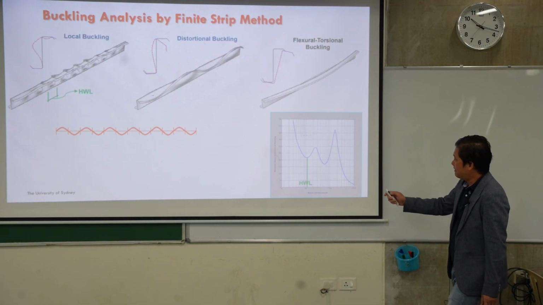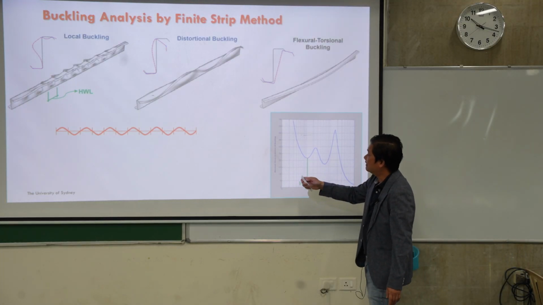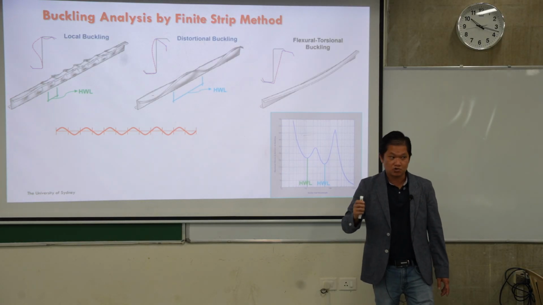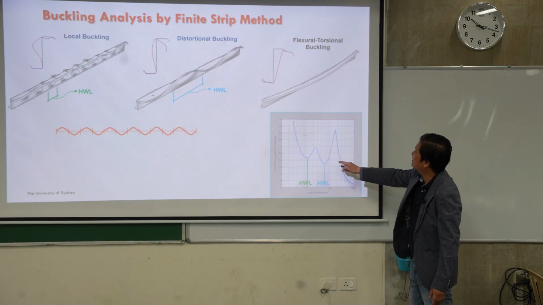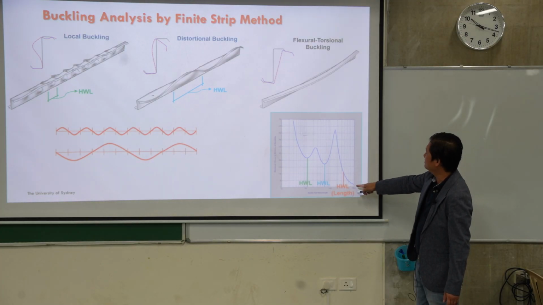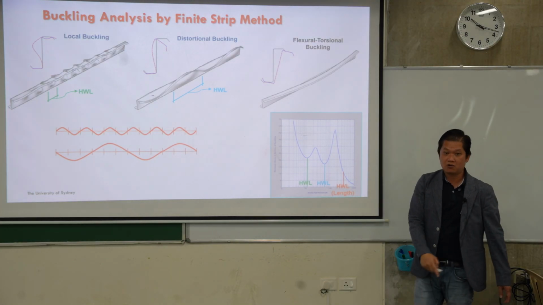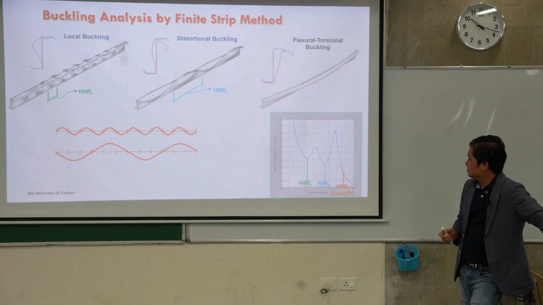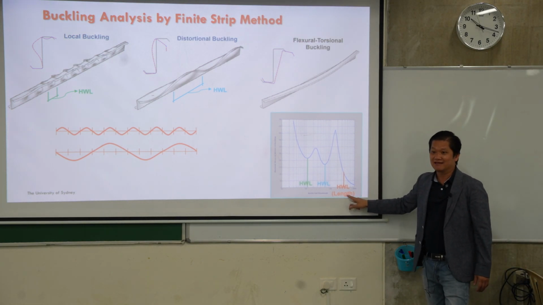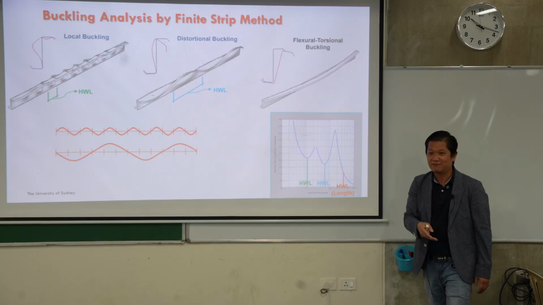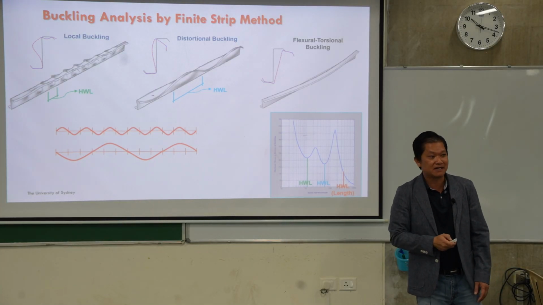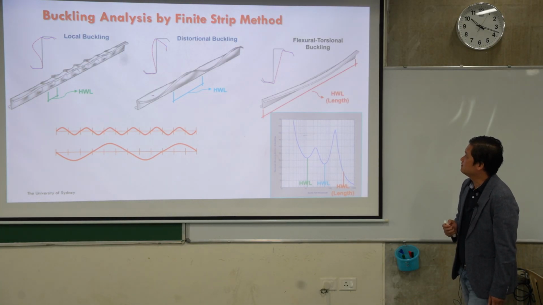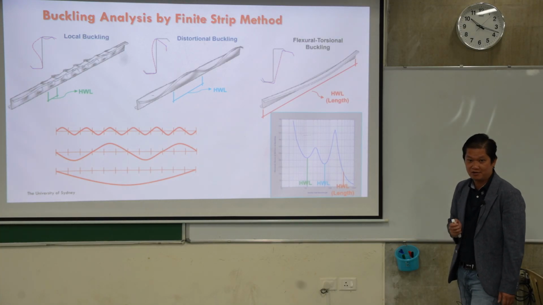This is the halfwave length for local buckling, and this is the halfwave length for distortional buckling. It's right here, and this is only one halfwave because it's buckled in member capacity. So this is actually, I put in here, the real length. So the length is equivalent to the halfwave length when we talk about the member capacity. Okay, so just a review. This is one halfwave length.